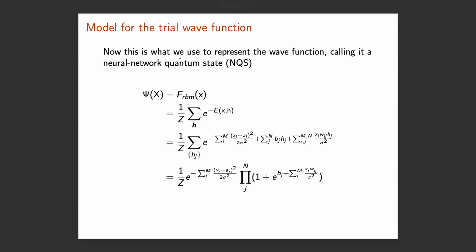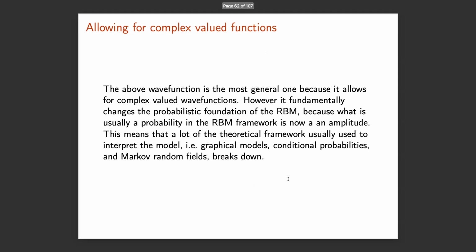So that is what we are used to see when we represent the wave function, and we would normally call that a neural network. So in this case, it's actually the wave function itself which is equal to that one. Alternatively, this would now be given by the product of all the hidden nodes. But this above wave function, the absolute value of the wave function, is the most general one because it allows for complex valued wave functions.